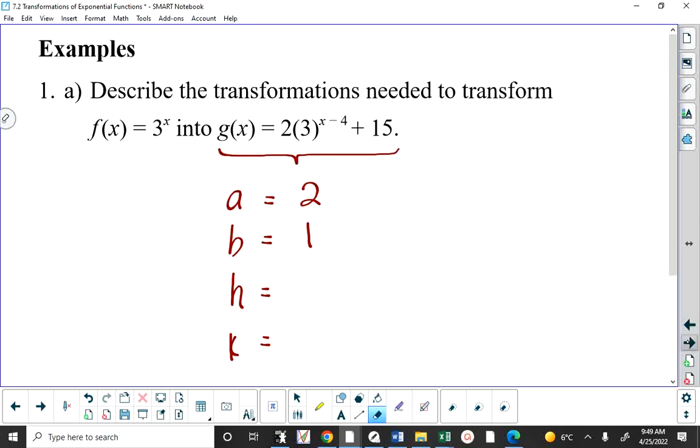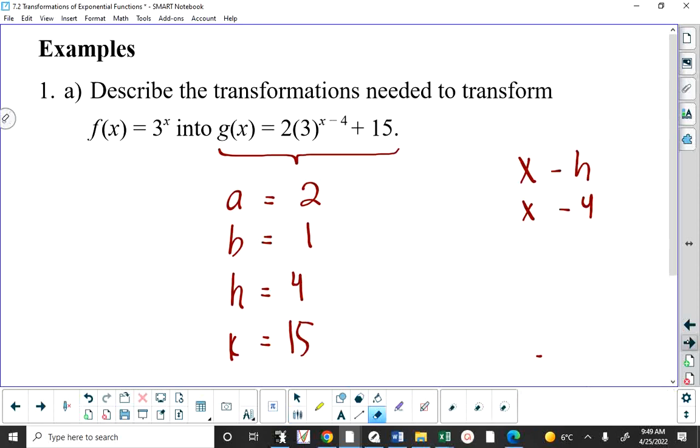But H is 4, because we compare x minus H in our general transformed function on the formula sheet to x minus 4. You can see that H has a value of 4. And as I've said numerous times, K is the afterthought. K is the last thing that you see in the function. It's what's added at the very end. So what are the transformations?